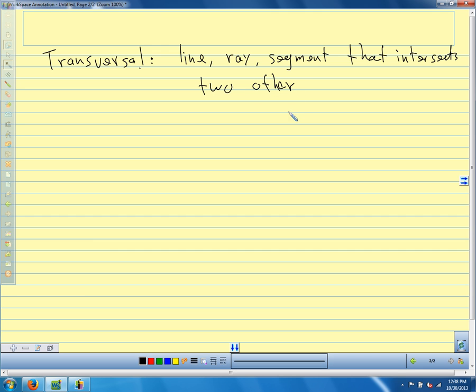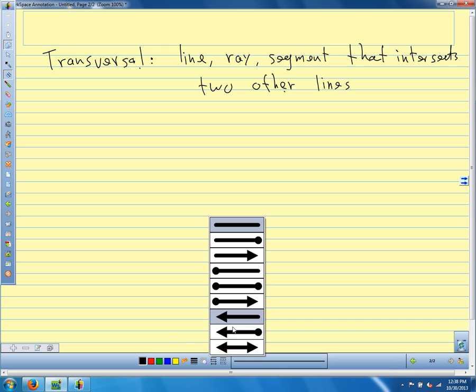And we can say two other lines, rays, or segments. I'll say lines for now.